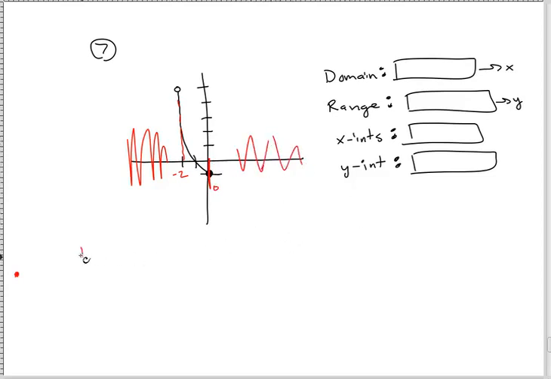So I want to say my domain is from -2 to 0. That's what I want to say. Of course, the homework program will not accept that, and so what we need to do instead is put it into math language, I guess you can say. What they're wanting is interval notation. So they're going to go -2 to 0 like that, and now we need to use either square braces or parentheses.